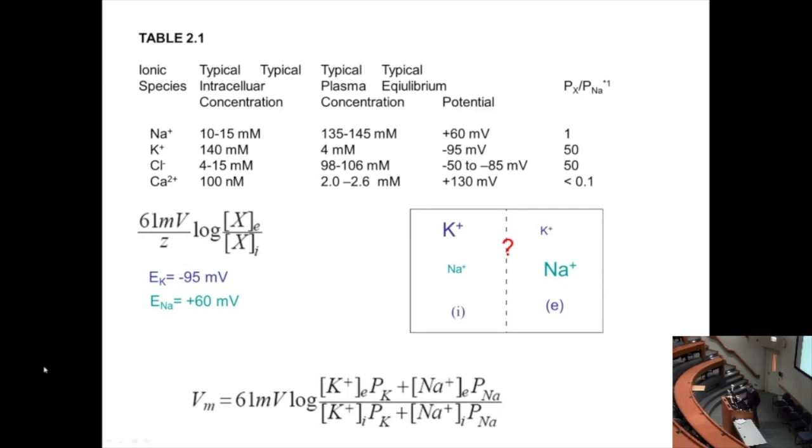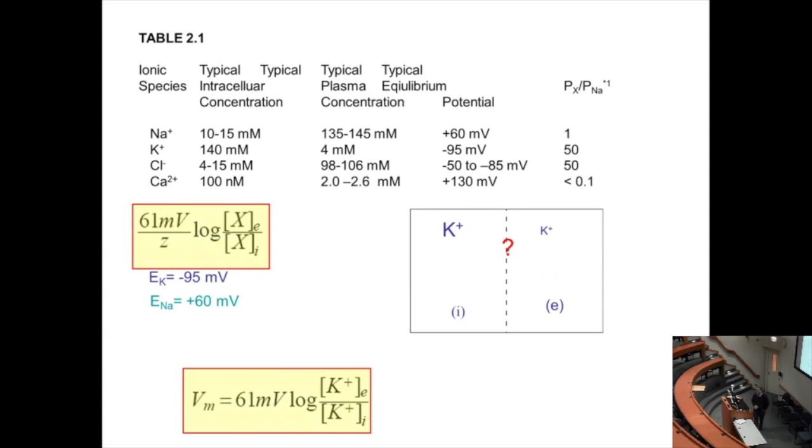PNa becomes 0 if I have no open channels and the membrane is not permeant to sodium. And what I have left is the Nernst equation for potassium. Okay, so that's where this equation comes from. It's just based on the Nernst equation. It's just that we're applying it to multiple ions at once.